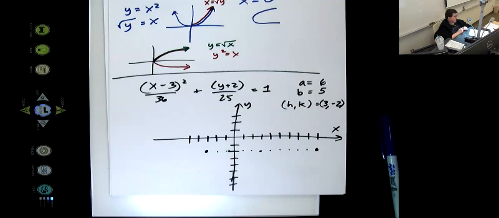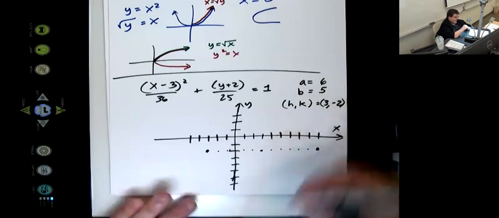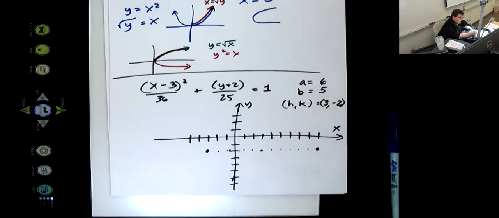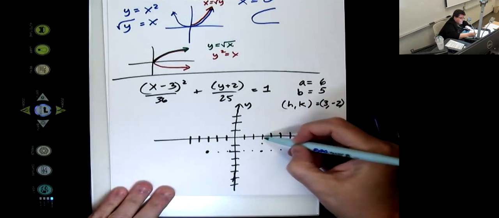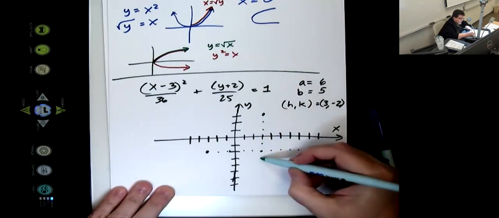Alternatively, you can calculate what the coordinate is and then go to the coordinate the other way. For B equals 5, I'm gonna go up and down 5. So I'm gonna go up 5. And down 5.